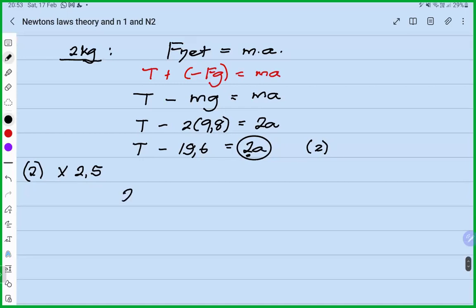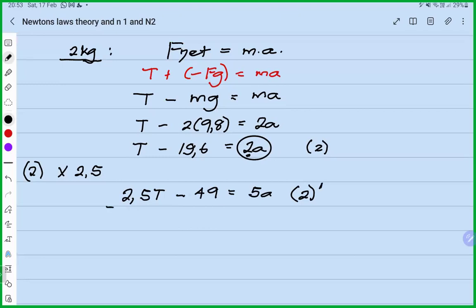So equation 2 multiplied by 2.5. So 2.5t, 19.6 times 2.5, please. 49. Thank you. Equals 5A. So there's your new second equation.